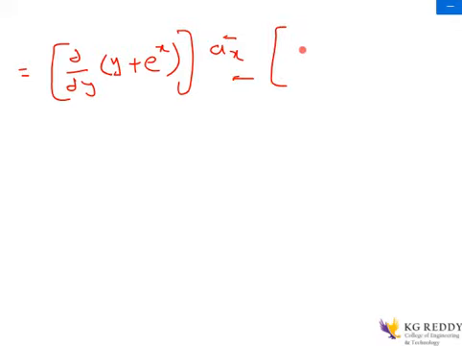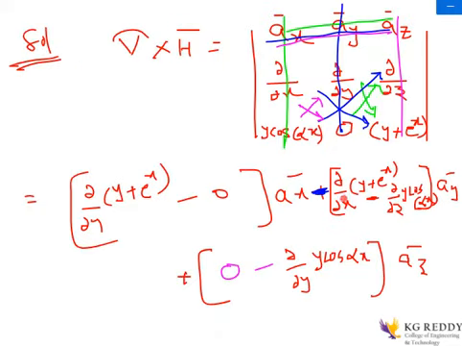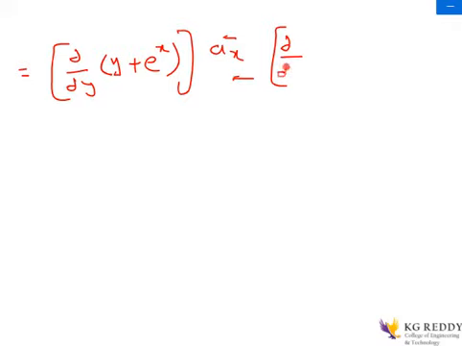Next, minus, dou by dou x of y plus e power x, minus dou by dou z of y cos alpha x, into ay.